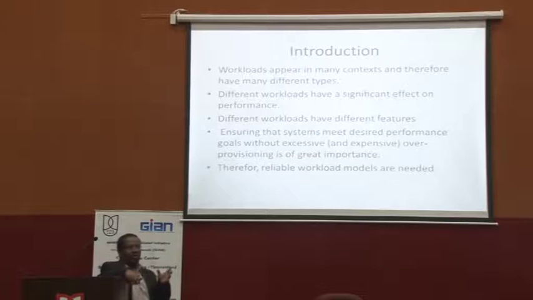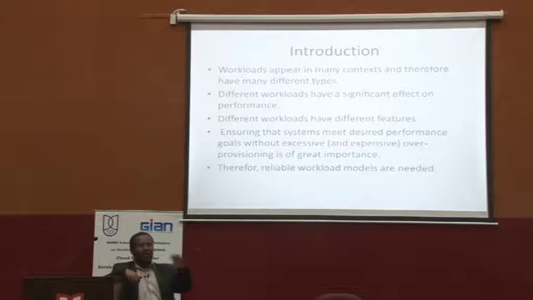I will use workload and job interchangeably, but a task is part of a workload, part of a job. So a job is one composite workload, and each job can have multiple tasks. So if you take a matrix multiplication application, it is a job.